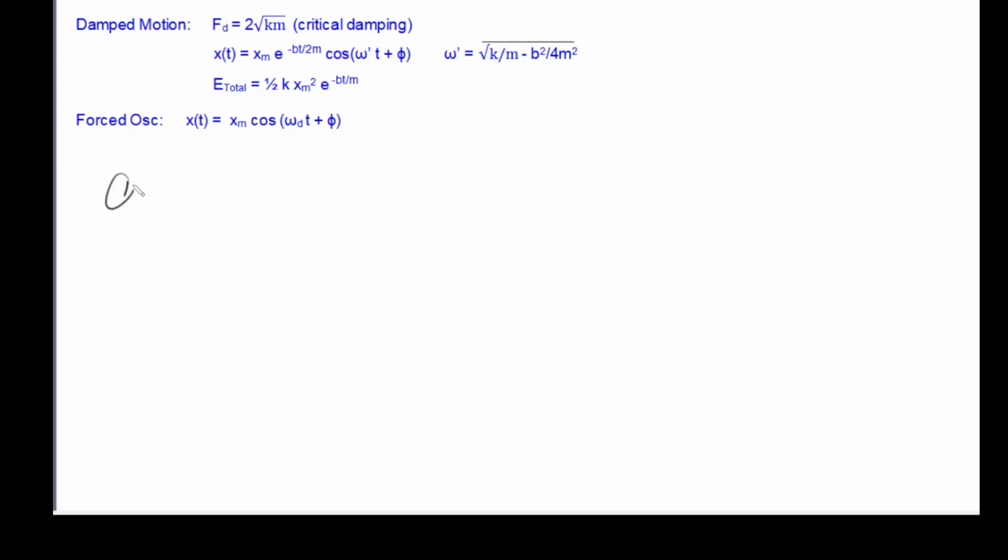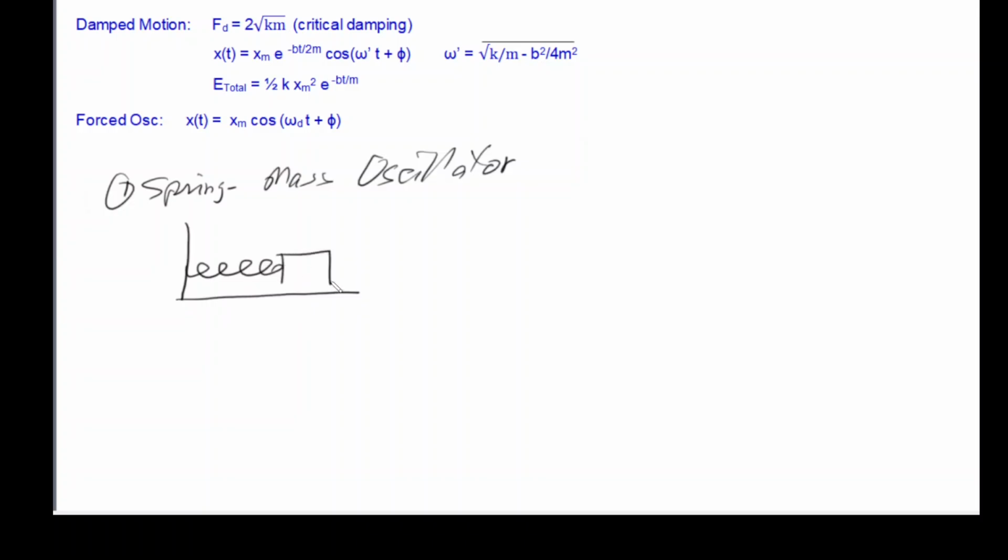I had earlier mentioned different types of simple harmonic oscillators, so let's look at them. The first one we'll look at is a spring mass oscillator. Basically, you have a spring and a mass, and this mass is either pushed in or pulled out and let go, and the mass will bounce back and forth in a form of oscillation, in the x direction.